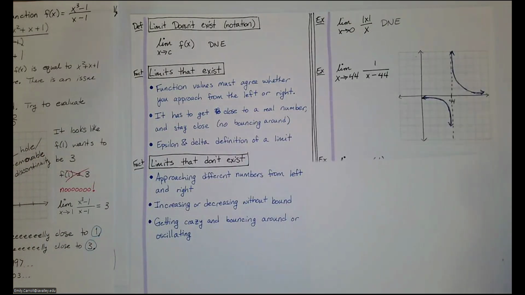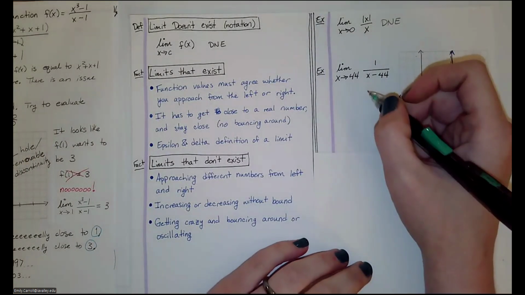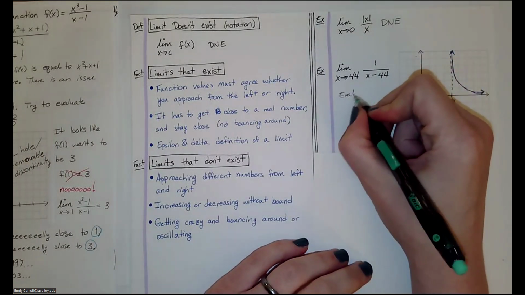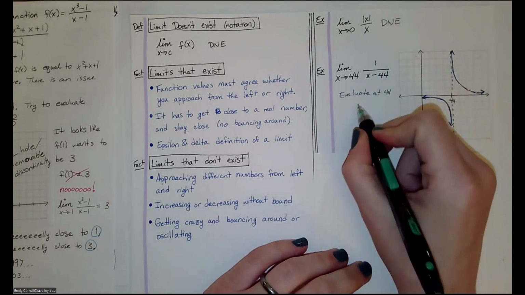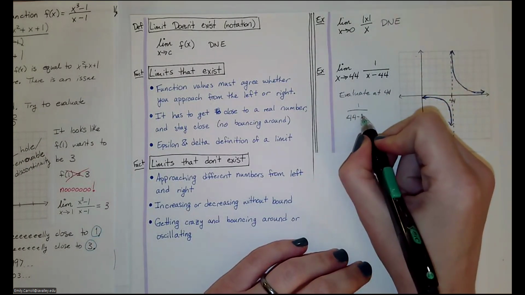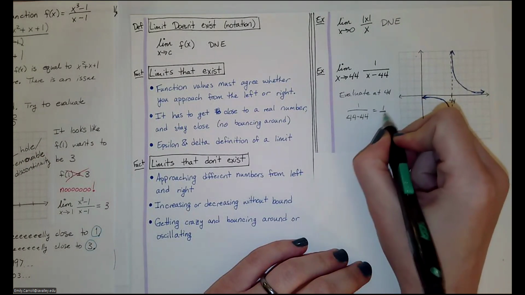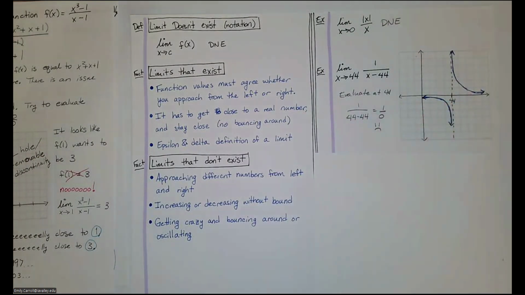Here's an example of increasing or decreasing without bound. Okay, in this example, trying to evaluate at 44 would ask you to divide by 0, which is funny business.